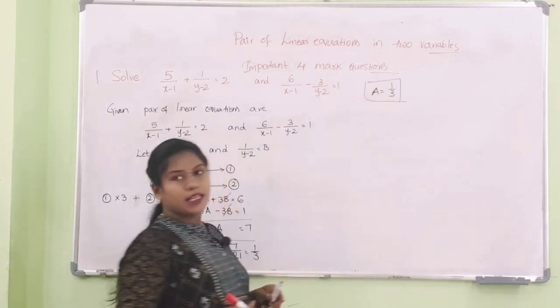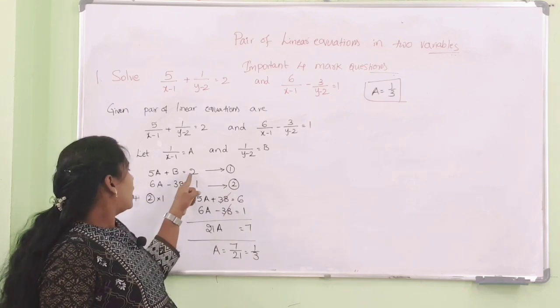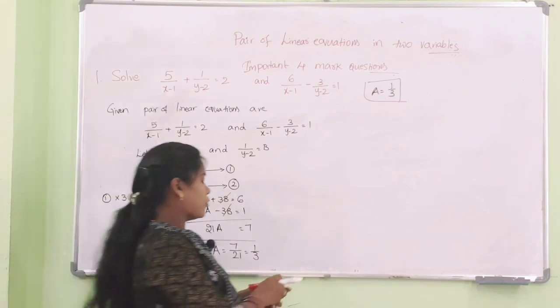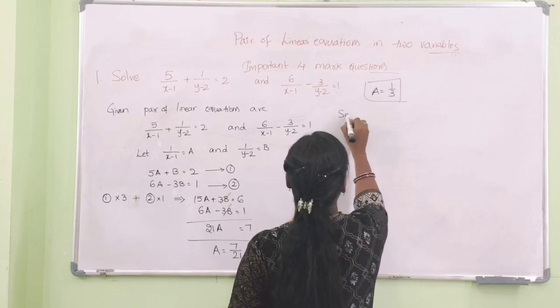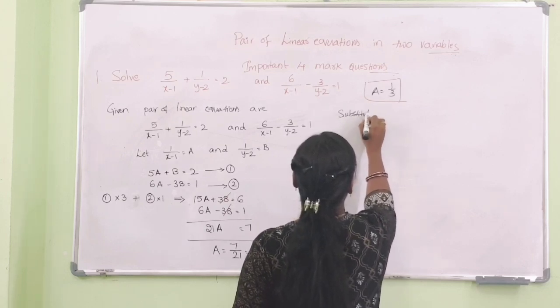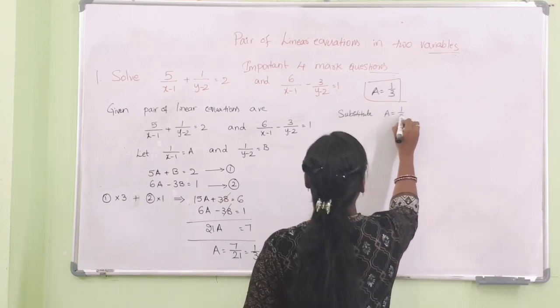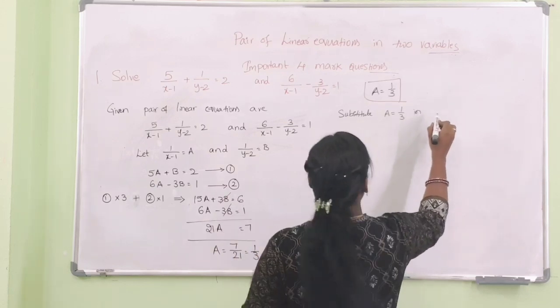Now substitute a is equal to 1 by 3 in any one of the equations. I am going to substitute a is equal to 1 by 3 in equation 2.